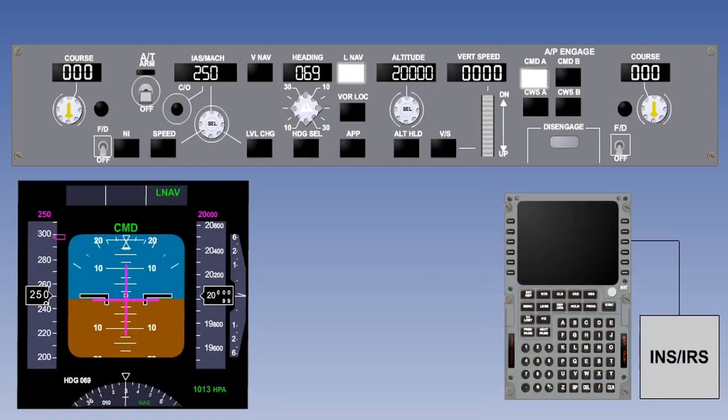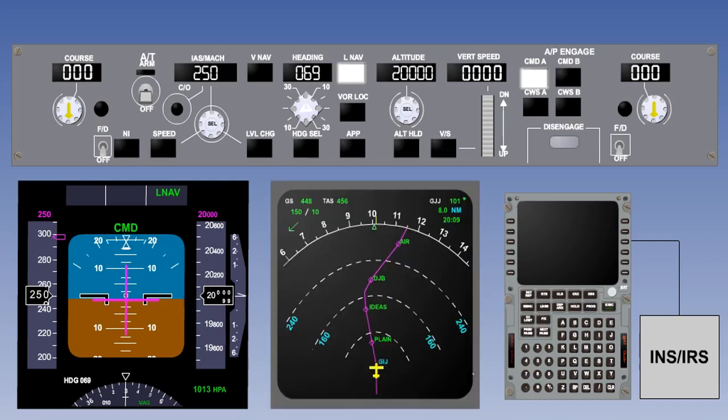To navigate the aircraft, the flight management system needs the support of an inertial navigation or inertial reference system. The inertial navigation system knows where it is, and the flight management system knows where it is going. So between them, they can provide accurate long-term navigation through a sequence of waypoints, flying the aircraft along great circle tracks, which give the shortest distance between 2 points on a sphere.